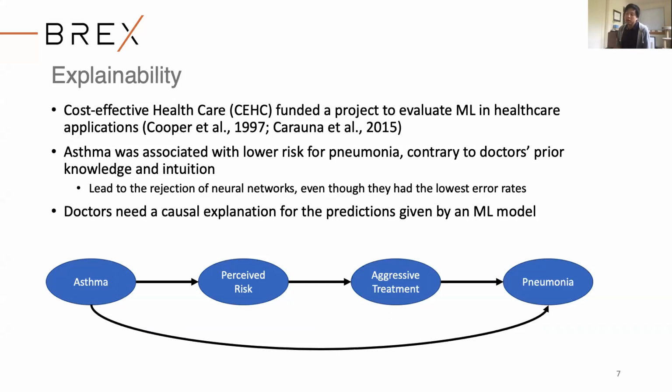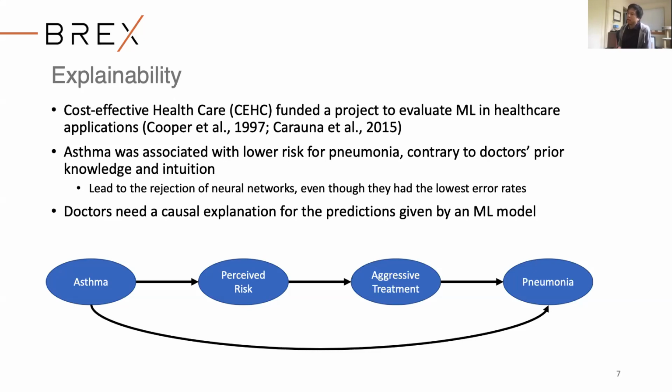So we want to make sure that if we're going to deploy a machine learning vision system into a self-driving car, we have to be very, very certain that it's going to be a robust system, and we understand why it's giving the predictions that it does. So here's one example that I think illustrates how causality is a very important aspect in explainability of machine learning models.